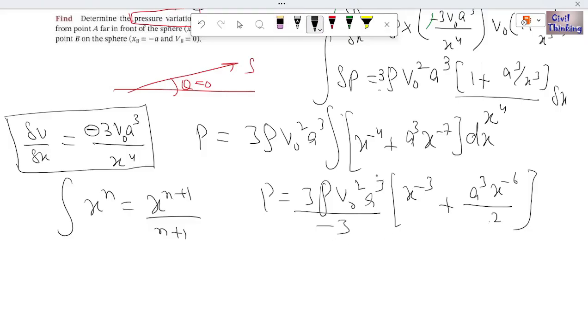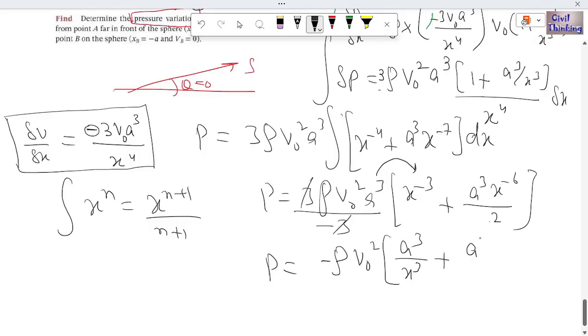Now I will distribute the a cube inside, so p is 3 rho v naught square, but negative, but 3 and 3 will cancel, so it is only this. Then we have a cube. Now x raised power minus 3 is 1 divided by x raised power 3, plus a cube times a cube is a power 6.